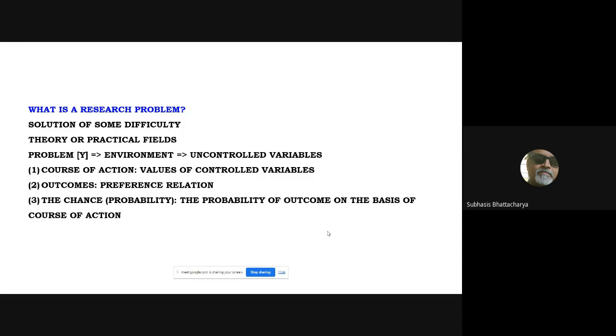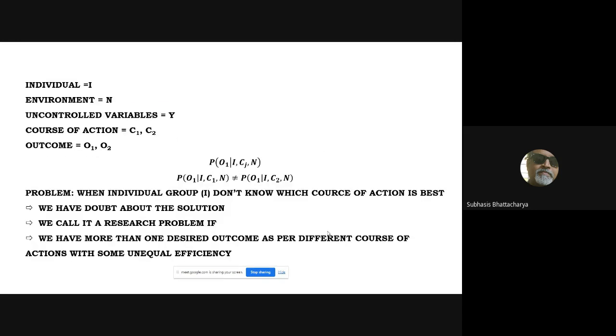Similarly, in case of research, there is the probability of such outcomes, and also the probability of the course of action. So if we identify the individual as I, the environment where the individual is dealing as N, and the uncontrolled variable as Y, and suppose we have two courses of action and we get two outcomes.